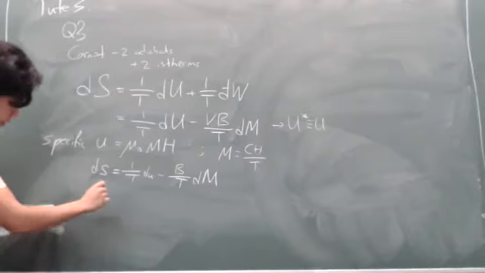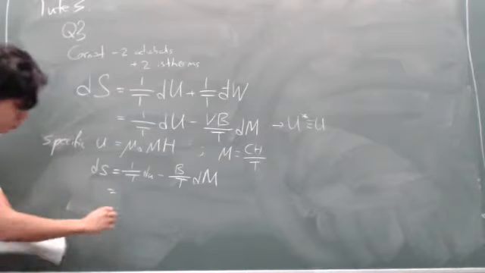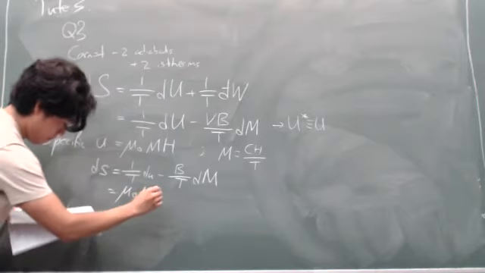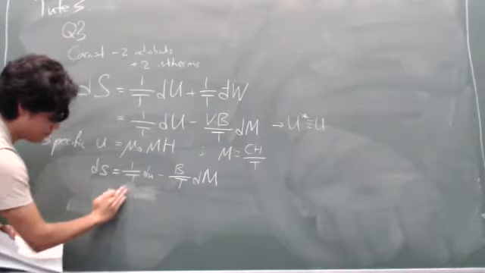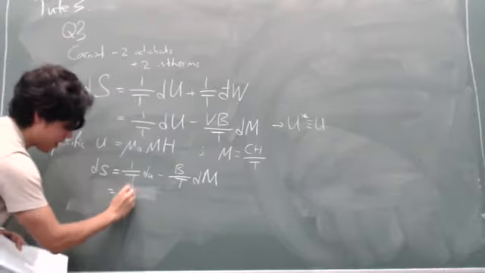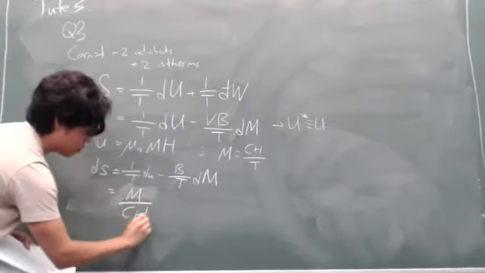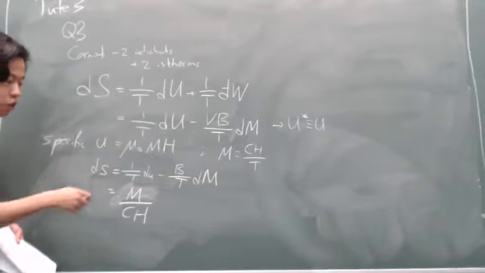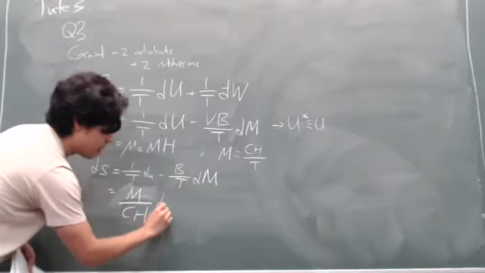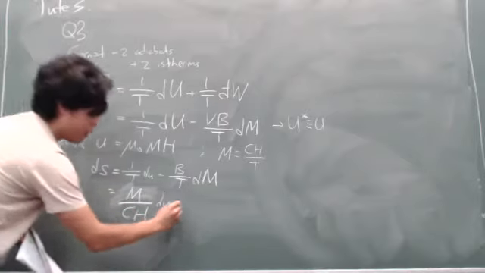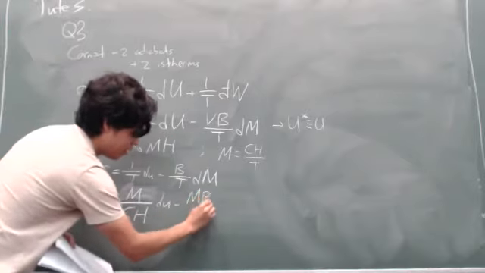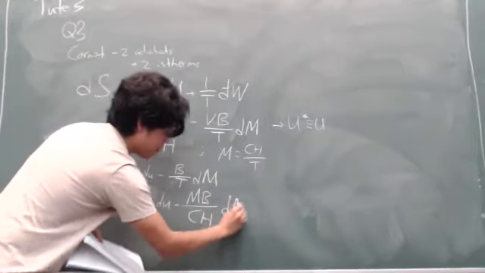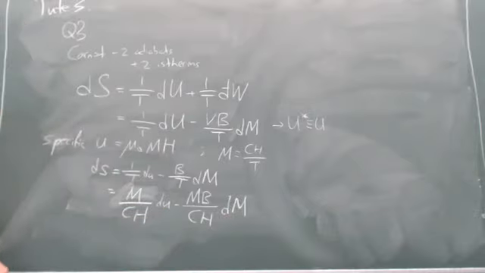Sorry, skip the step. Let's take it easy. You first get m divided by ch. So that's just subbing in 1 on T from Curie's law of magnetization, d little u, and then minus mB on ch dm. So that's also subbing out 1 on T.